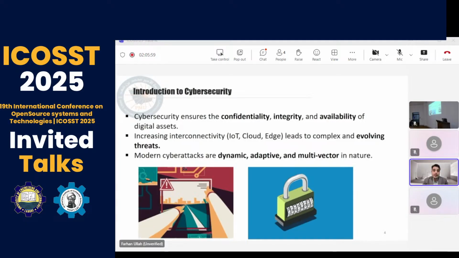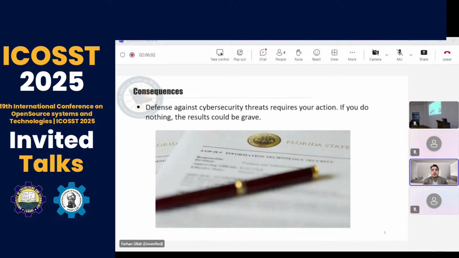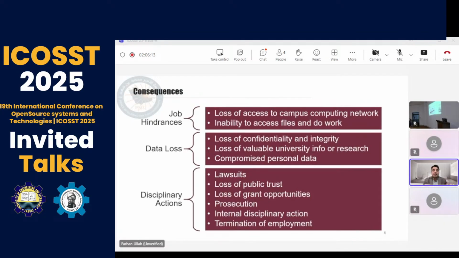Okay, so now defense against cybersecurity threats requires your actions. We need to provide some actions, some methods. If we don't care about these methods, the result will be grave. We can be finished. Either we can lose access to the campus computer network, or we can lose access to our files in our shared folders, or we can lose our information, our data, our research work, or we can face some legal actions against us if we don't care about these methods and actions.